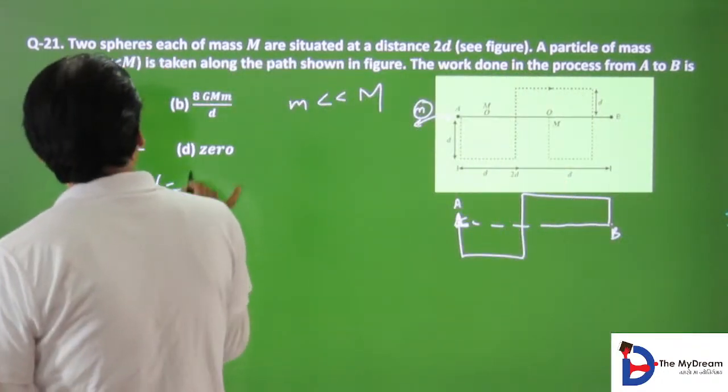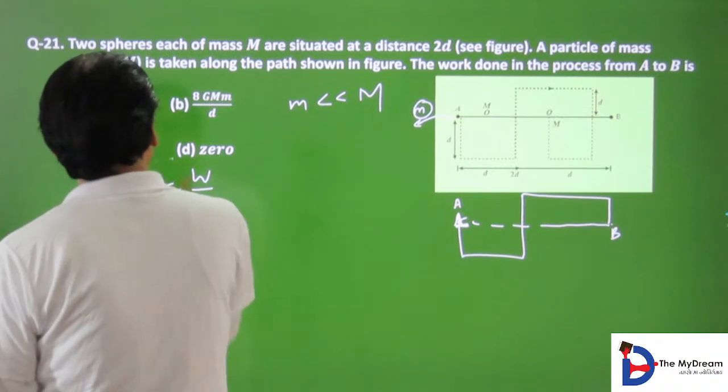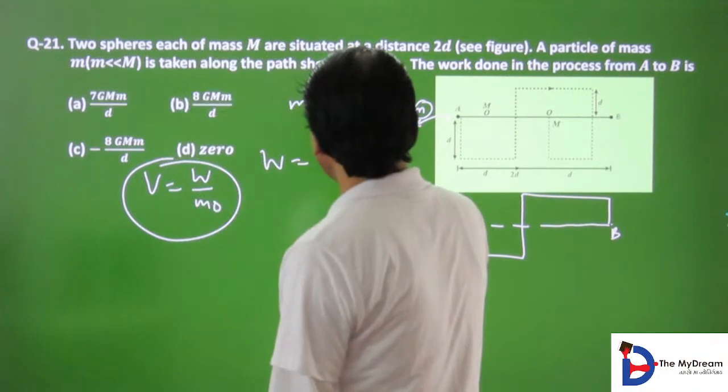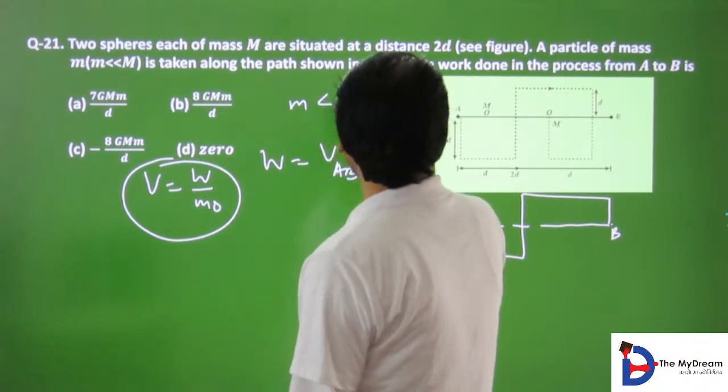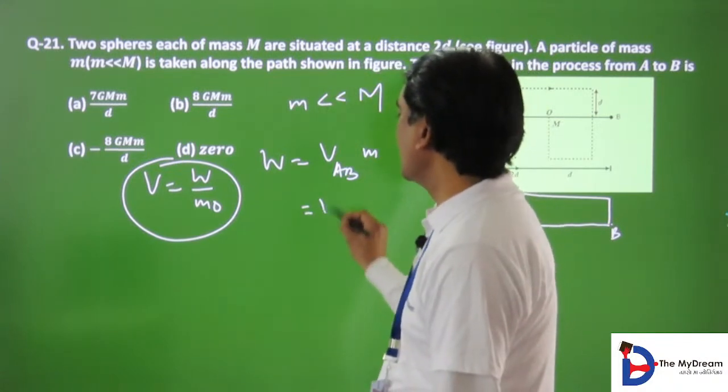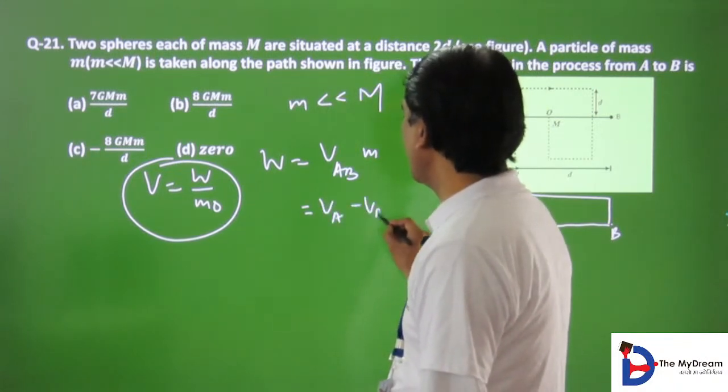So V is equal to W by m naught. So W is equal to V_AB into small m, and there is the potential difference, that is VA minus VB.